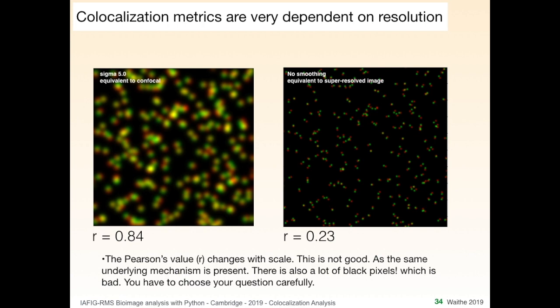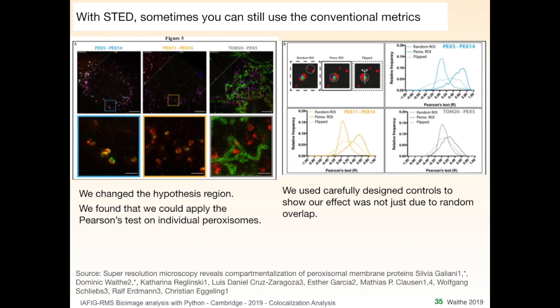It's still possible to use some of the same metrics with, say, a STED microscope. And this is what we did in a paper: we found in peroxisomes, which is a certain organelle, that there were still interesting distributions within those actual peroxisomes. So what we did is we isolated the peroxisomes visually using a third dye, and then we just did the Pearson's test on each of the peroxisomes.